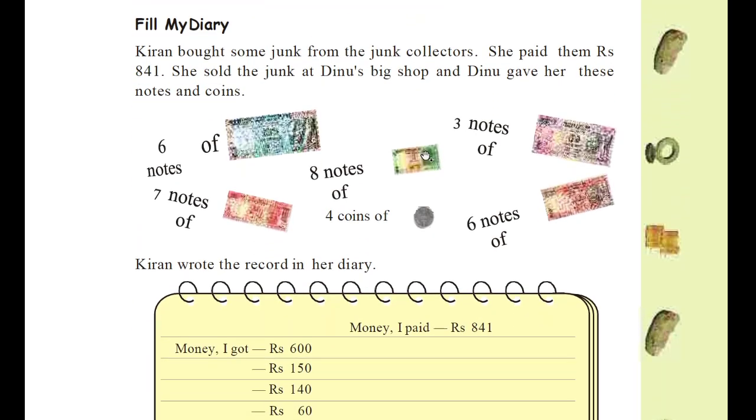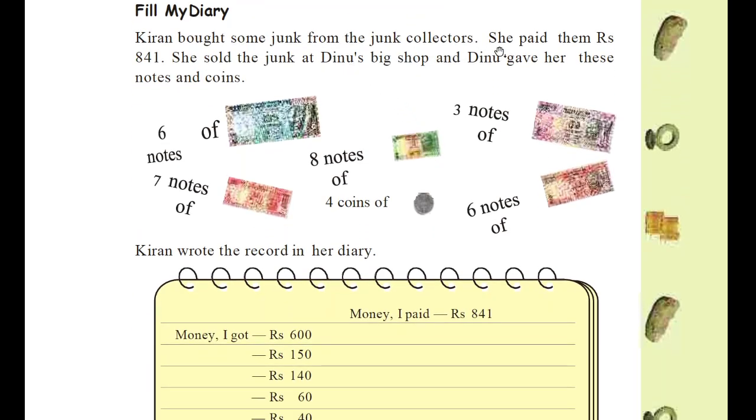Fill my diary. Kiran bought some junk from the junk collectors. She paid them rupees 841. She sold the junk at Dinu's big shop and Dinu gave her these notes and coins. So Kiran bought some junk, means scrap material, from the junk collector, and she paid rupees 841 to the junk collector.